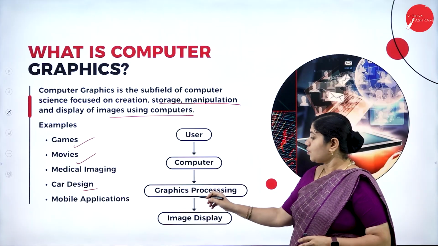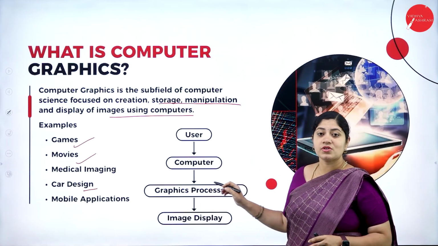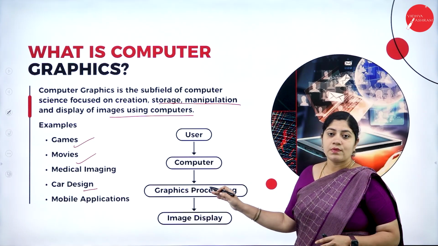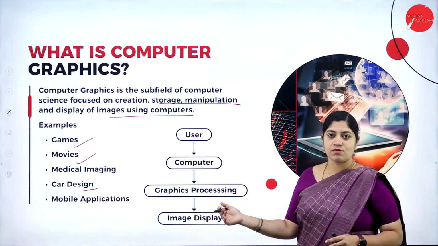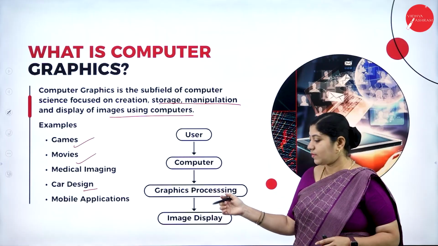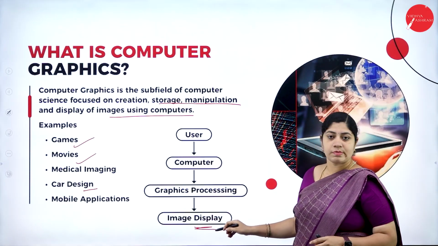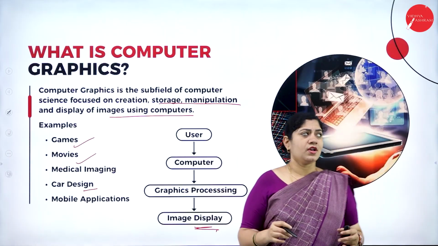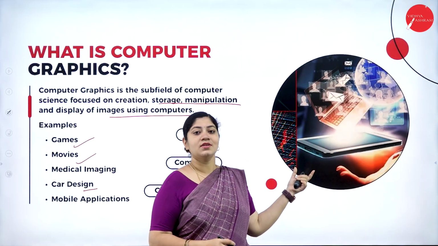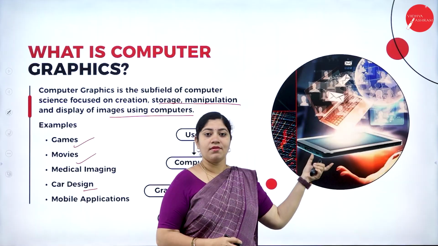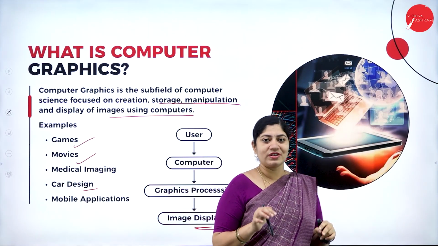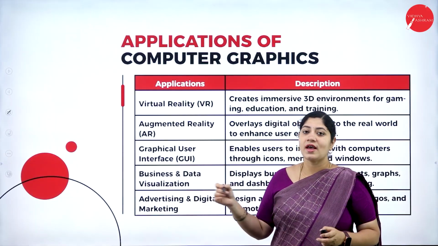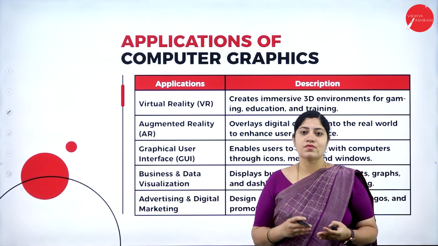What is very important here is the processing of various graphics, and that is held once the update is done with respect to the user's requirement, then the image is displayed. So that is a simple flow of a computer graphic. Over here we can see the various graphic levels that we want to create by using a simple computer. Great, right?